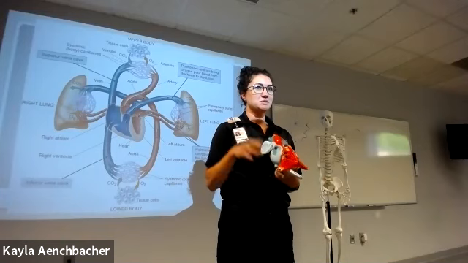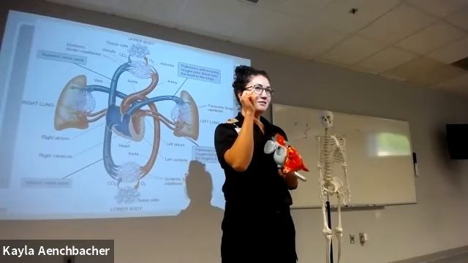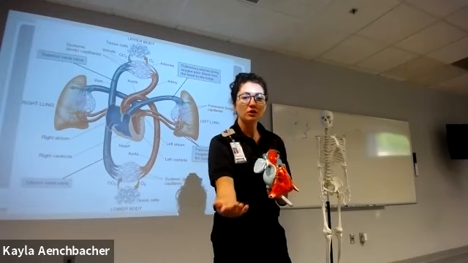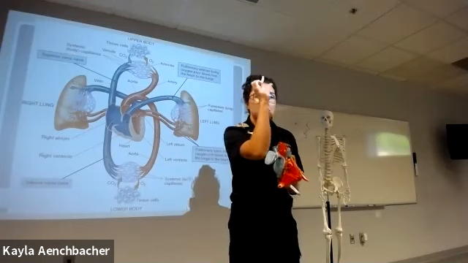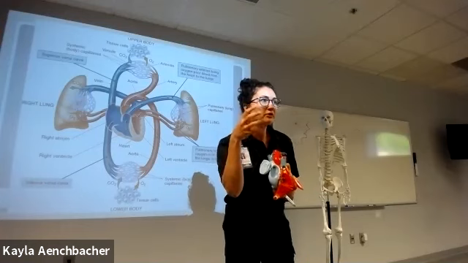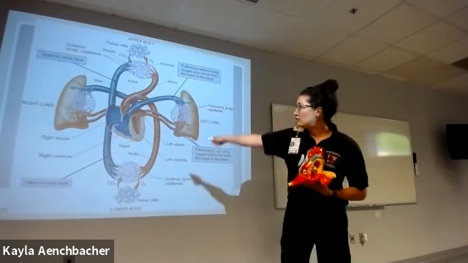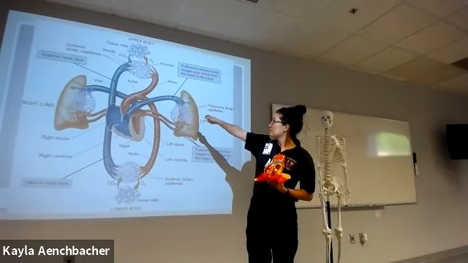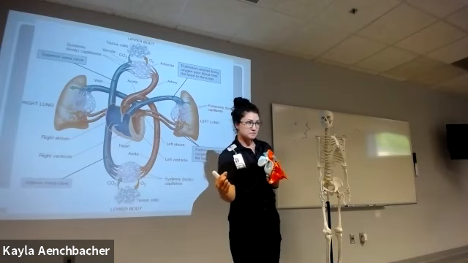What do I turn into? An arteriole, right? It's still an artery, but it's going to be smaller so we can funnel down to those microscopic capillary membranes. So I'm going to go from my pulmonary artery and turn into smaller pulmonary arterioles.